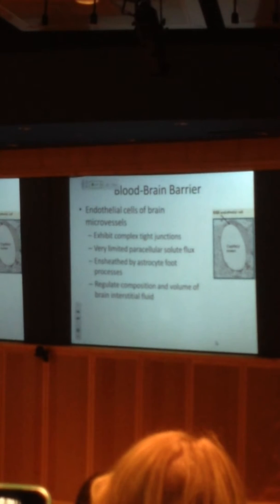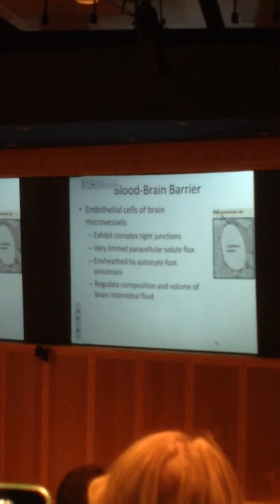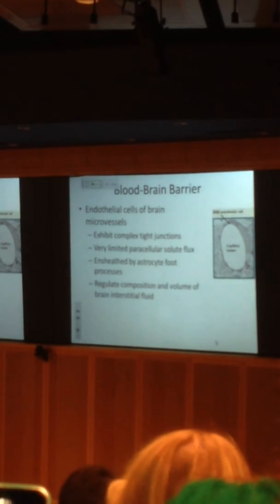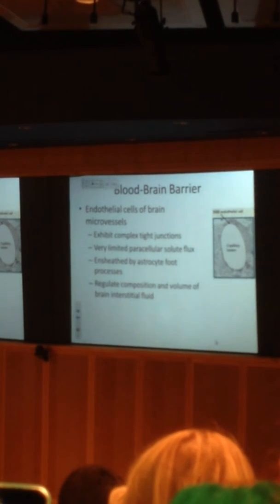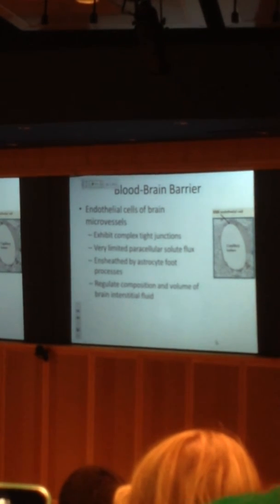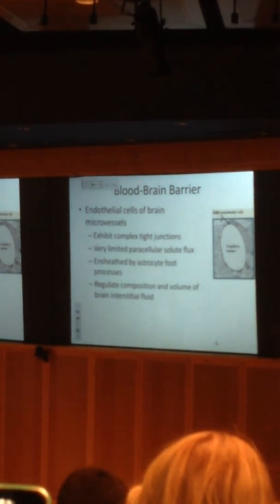Capillaries, and what are the cells that enclose them? Endothelium cells, right? So endothelium cells found in this region are very, very special. They have formed very complex and tight junctions. It is actually 50 to 100 times tighter than in any other region with endothelium cells.